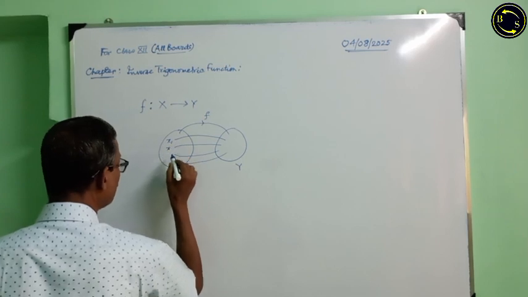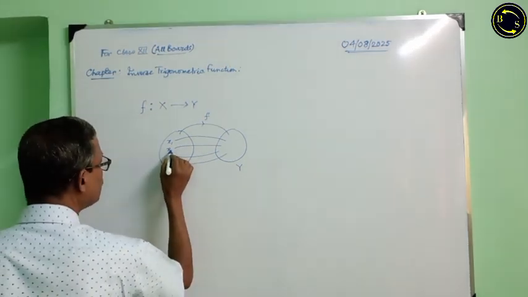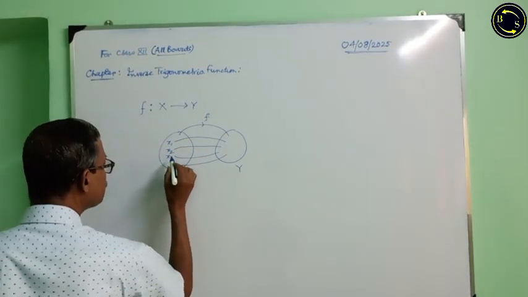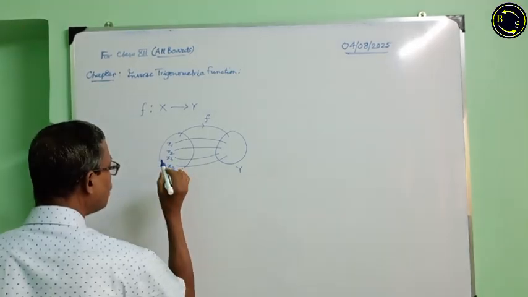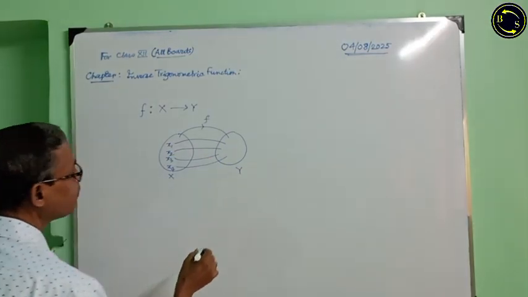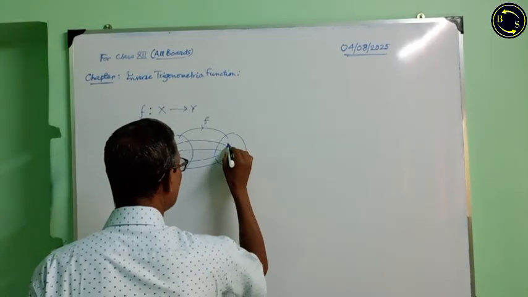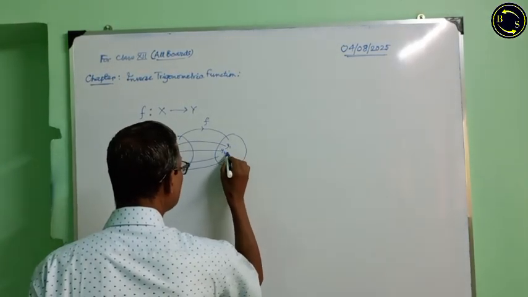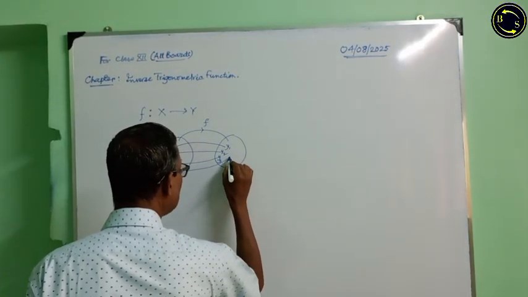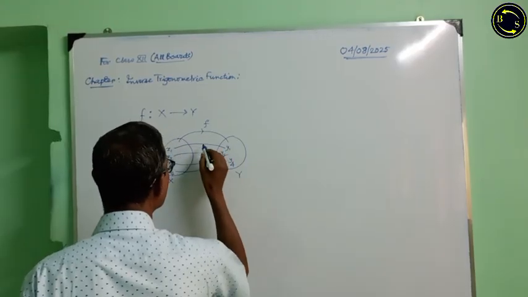Elements of set x are x1, x2, x3, x4, and elements of set y are say y1, y2, y3 and y4.